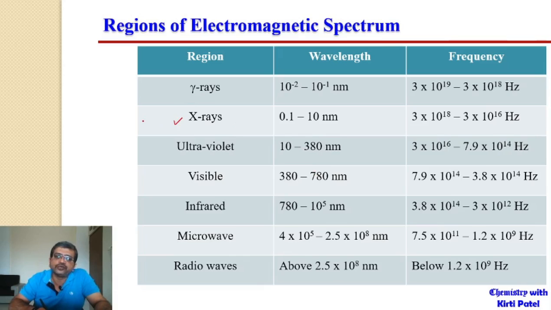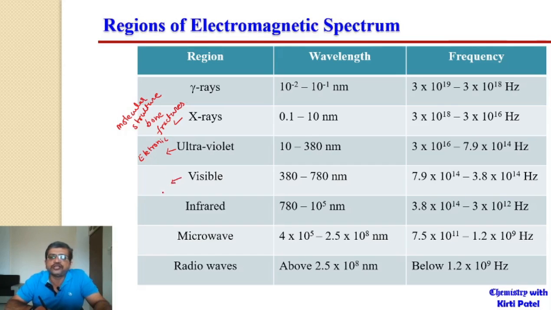Here the X-rays are used to detect bone fractures, as well as for knowing the molecular structures. Ultraviolet rays can be used for finding transitions of electrons from one energy level to another energy level in the molecules as well as in the atoms.